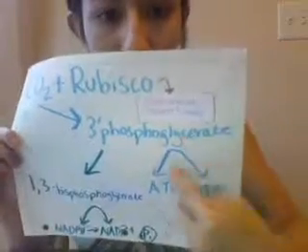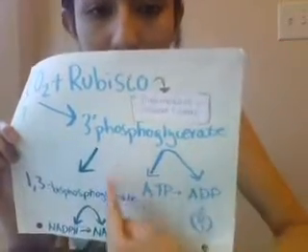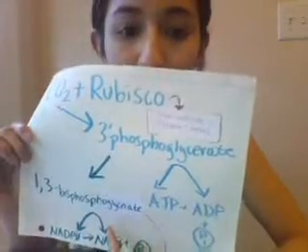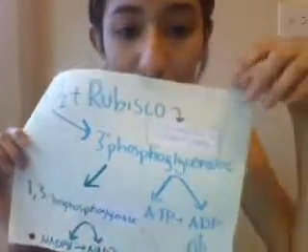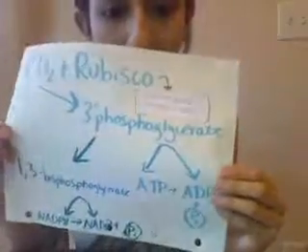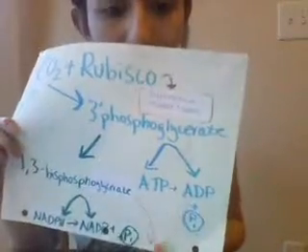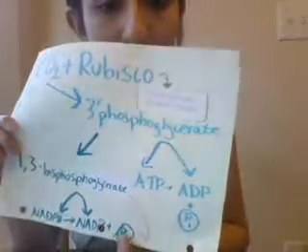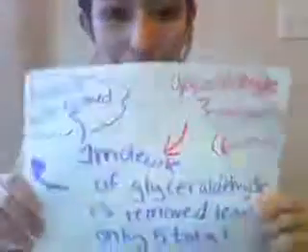After that, it's going to be converted into 1,3-bisphosphoglycerate. And again, we have that NADPH, and it's going to convert into NADP and a phosphate. Alright, what happens next?